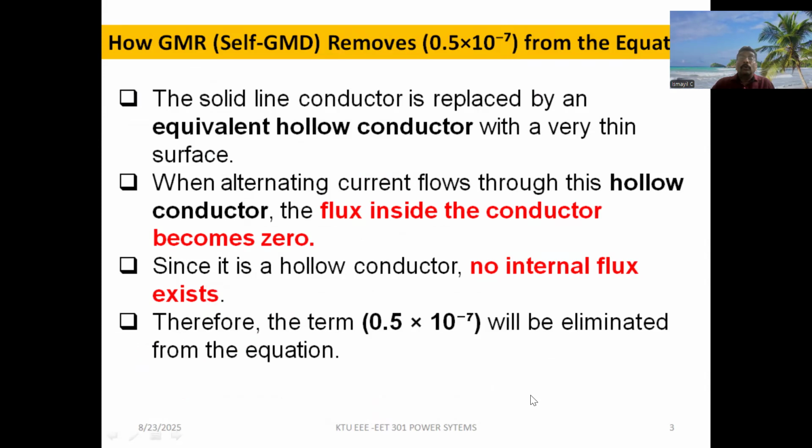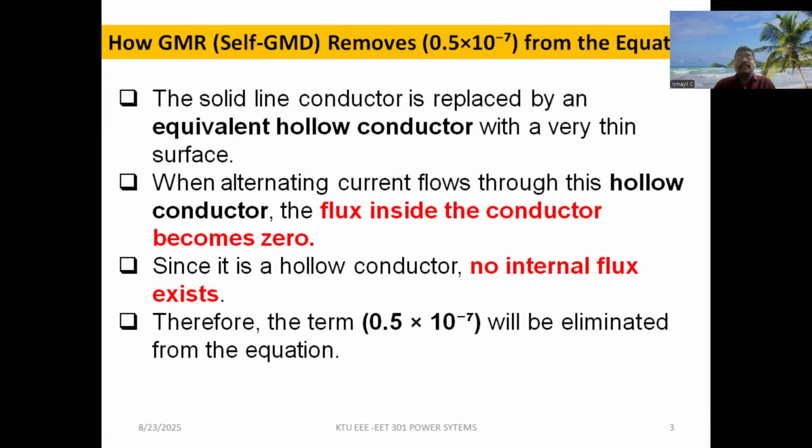Now, how are we removing that 0.5 into 10 raised to minus 7 from this equation of the inductance? For that purpose, we replace the solid conductor by an equivalent hollow conductor with a very thin surface.